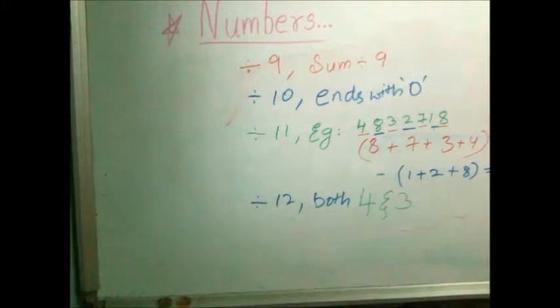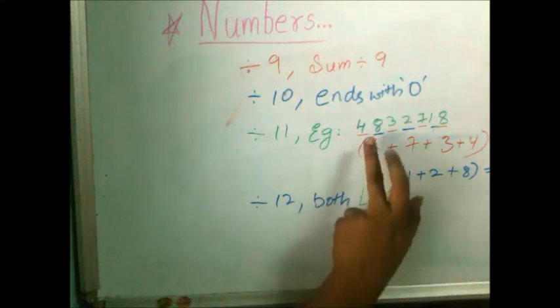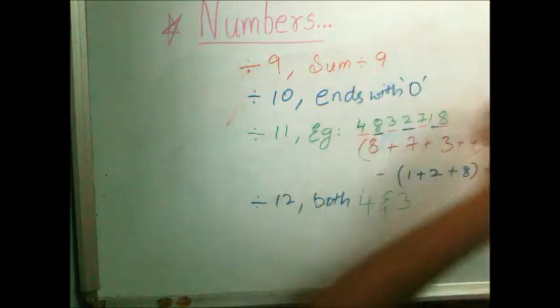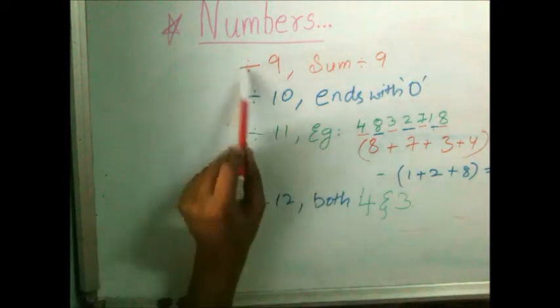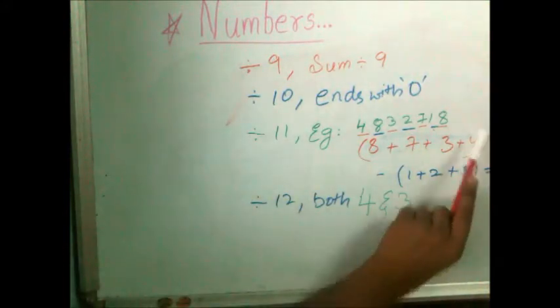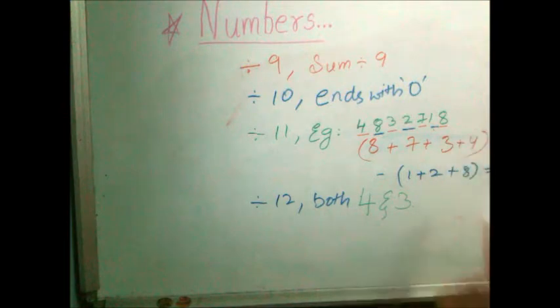To know whether a number is divisible by 9, we check whether the sum of all the digits is divisible by 9; then that number is divisible by 9. Divisible by 10 is nothing but the number ending with 0, that is, the units place is 0.